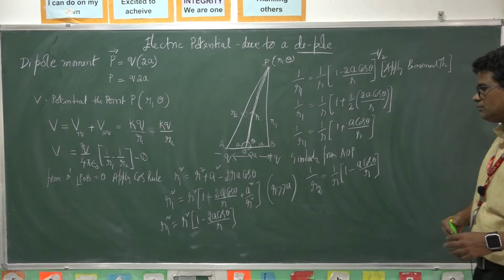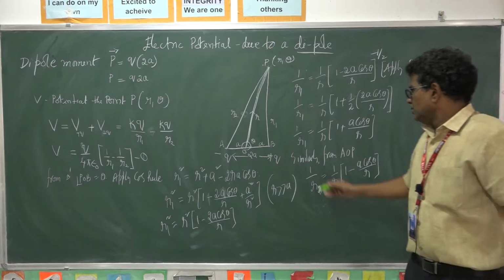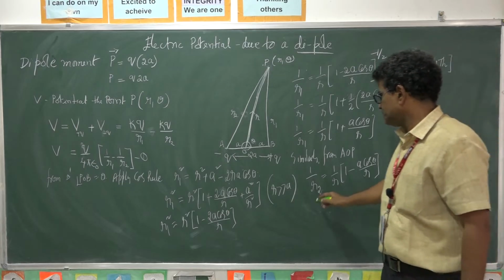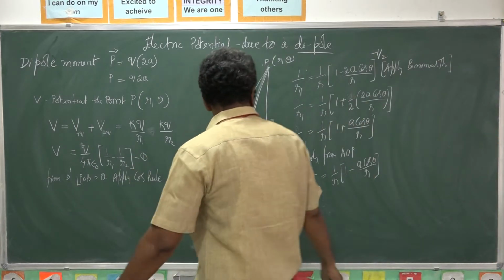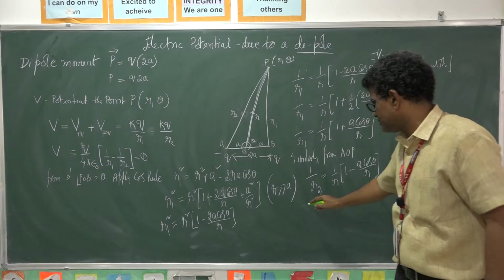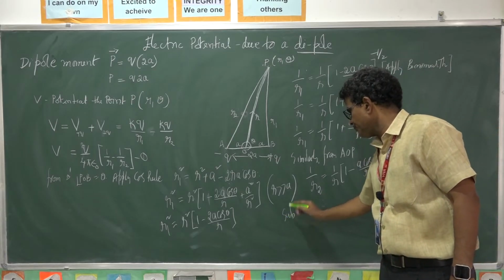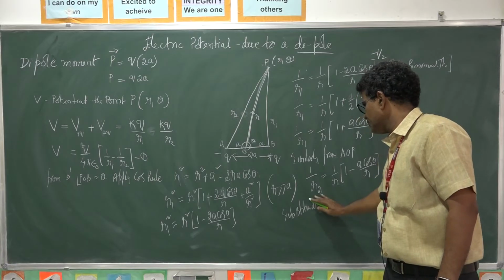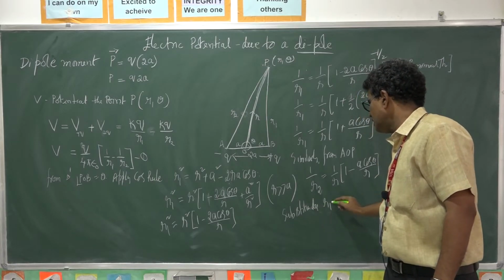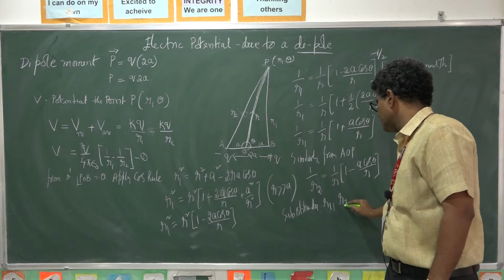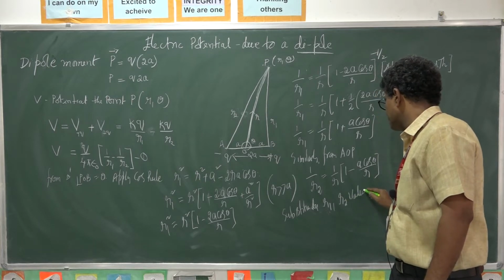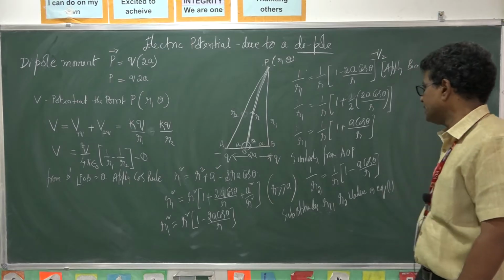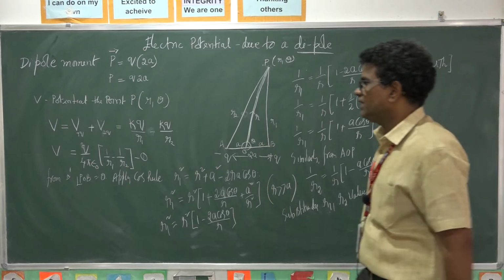Okay. So we have 1 by R1 and 1 by R2 values. Substitute these values in equation 1. Equation 1 is here.